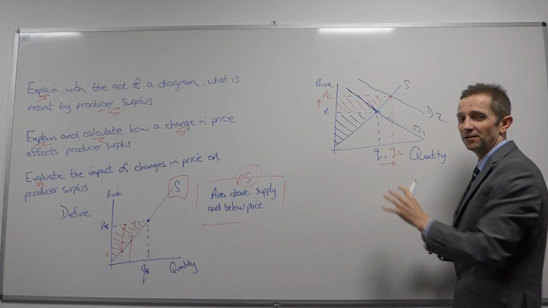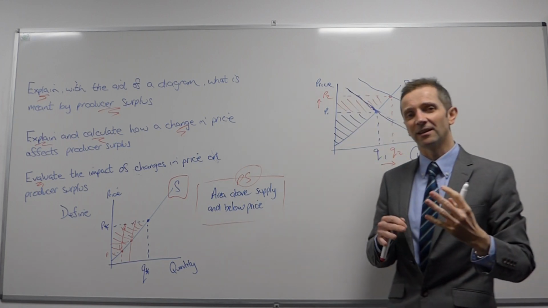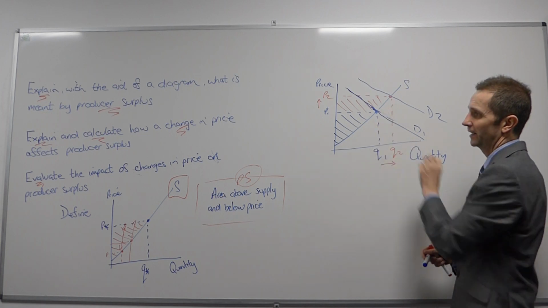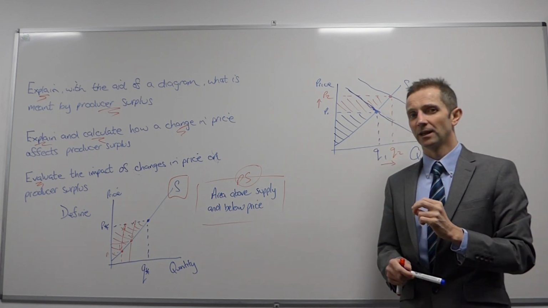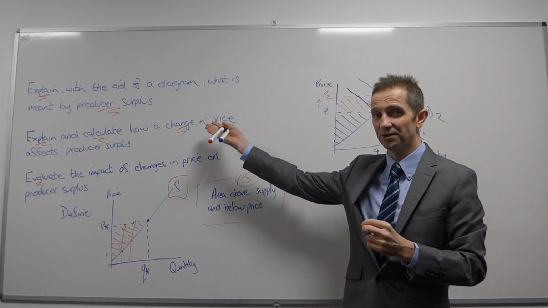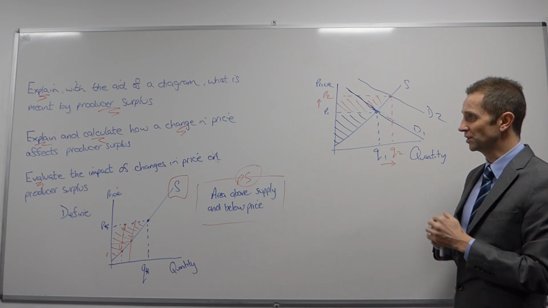So the areas are still the same, but when you've got other lines passing through them, it's slightly more difficult to identify. So I would encourage you to have a little play around with that and make sure that you can identify the changes, because that's what you're being asked to do here in the specification. Make sure you can identify the changes when the curves are shifting.